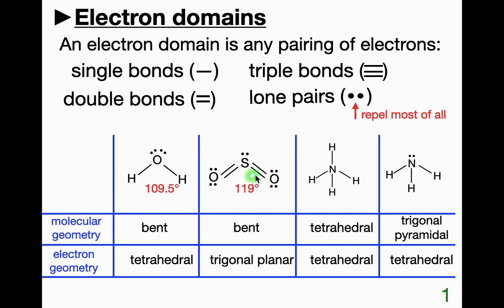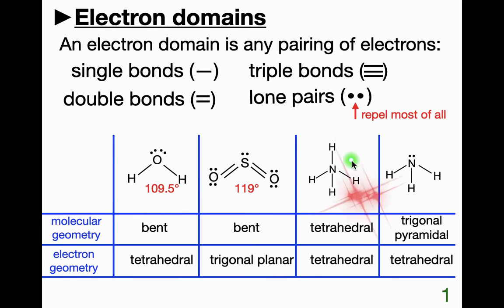And so the bonds here are not going to be squeezed together quite as close as the two lone pairs are able to do in water. So these two lone pairs have a little bit more repulsive force, and so these bonds are squeezed a little closer together than a single lone pair.